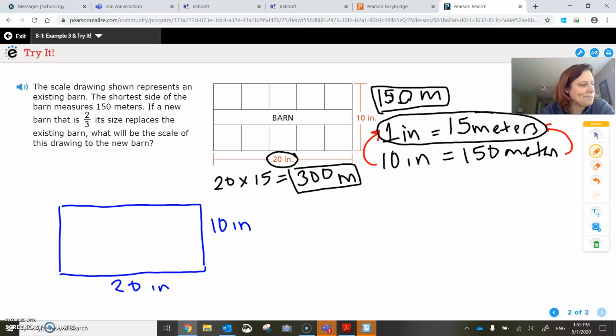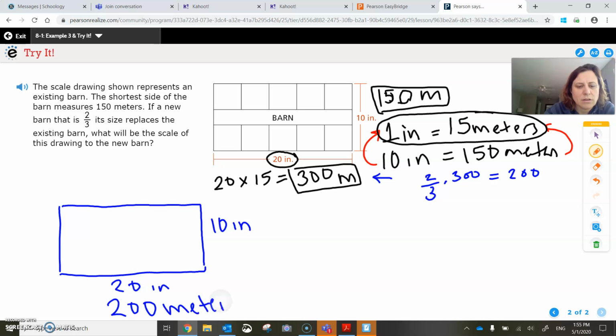So 2/3 of 300 is 200. So I know this is going to be 200 meters.